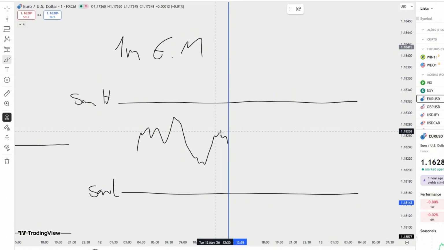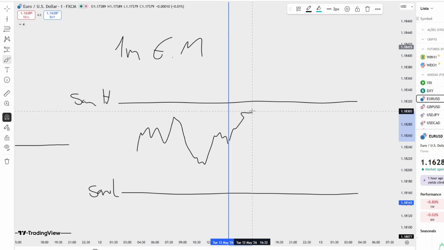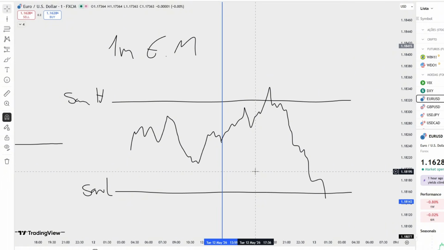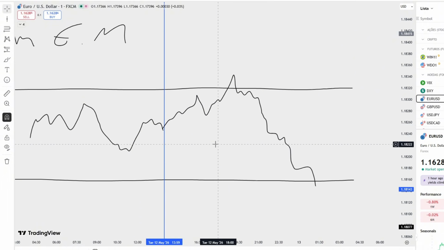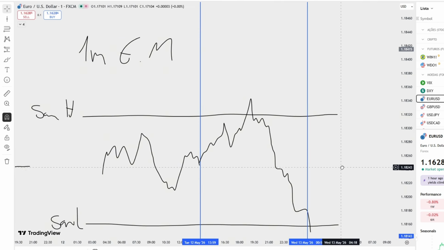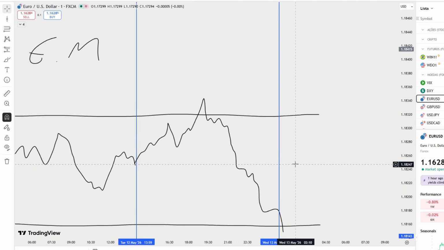And now I have the price doing something like this, and then pushing lower and then coming back like this. What you want to see in the 1 minute, let's say this is the 11 and we're here, is to be inside of this time zone.